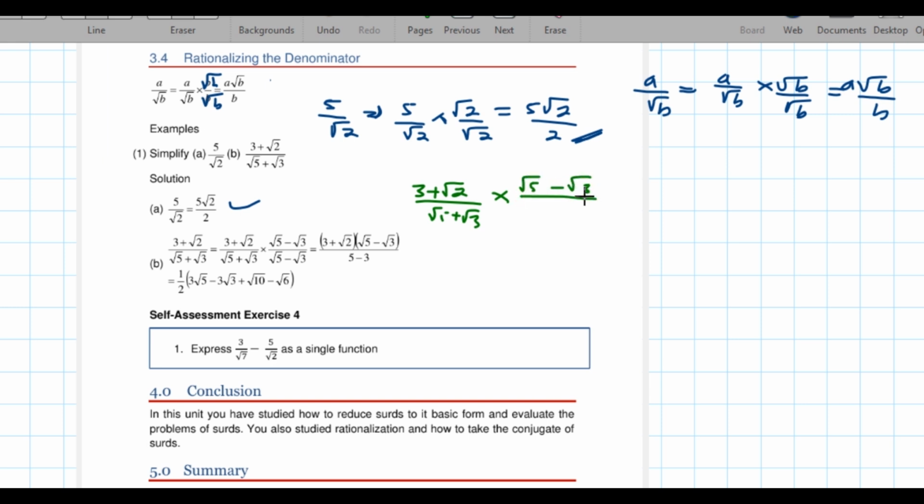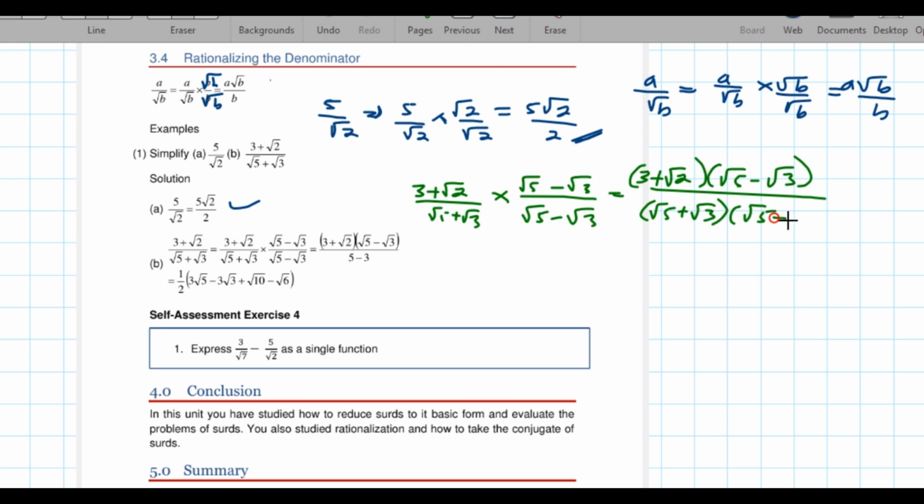Remember, it's going to be the conjugate. So this will be 3 plus root 2 multiplying root 5 minus root 3, all divided by root 5 plus root 3 multiplying root 5 minus root 3.